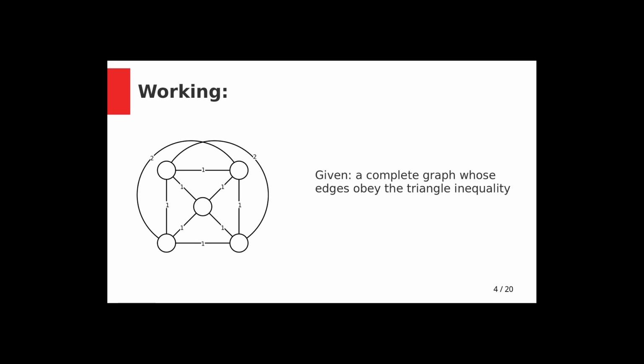So we have a graph whose edge weights obey the triangle inequality. Therefore, they form a metric space. First, similar to the first algorithm, we find a minimum spanning tree, and after that, we find a set O which has all the vertices in T that have an odd degree.